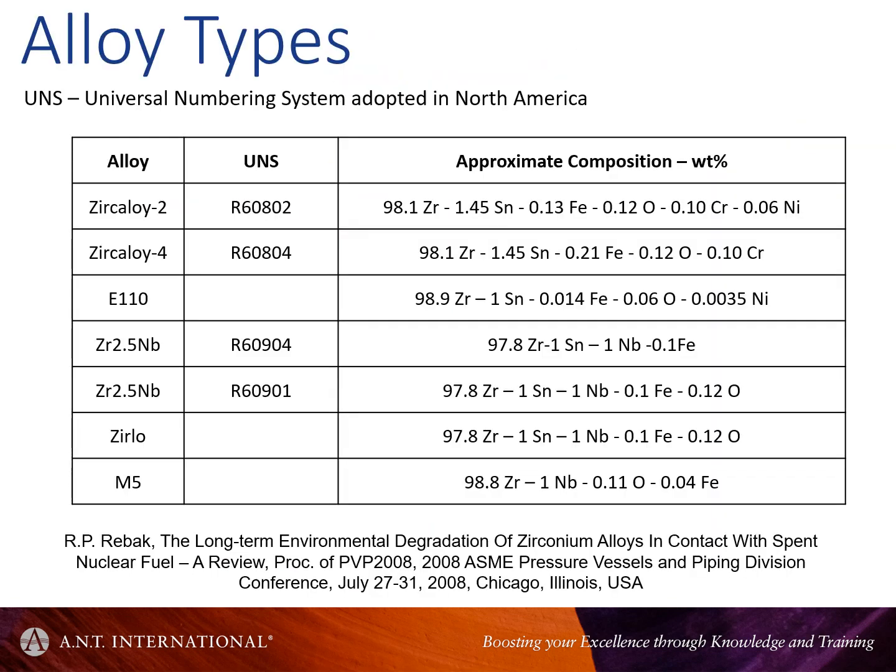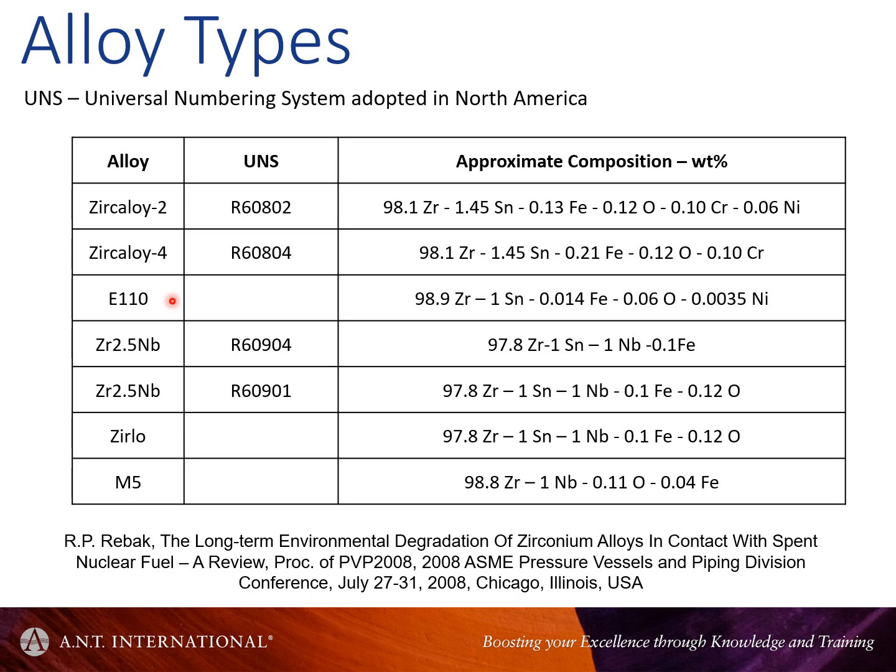So there are various alloys that are used and defined using the ASME code, but also the ASTM standards with a UNS number, a Unified Numbering System. Zircaloy-2 and Zircaloy-4 are shown here, zirconium is shown here, and these are the compositions. There are other alloys used in foreign reactors.